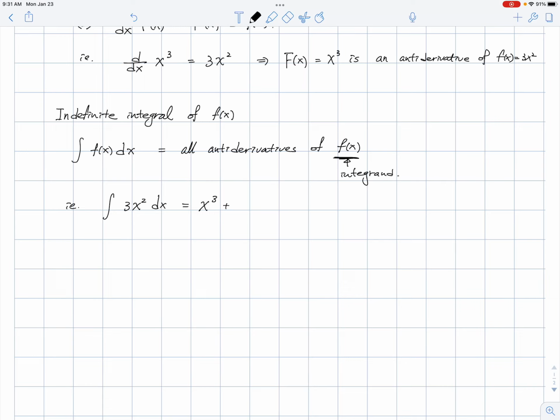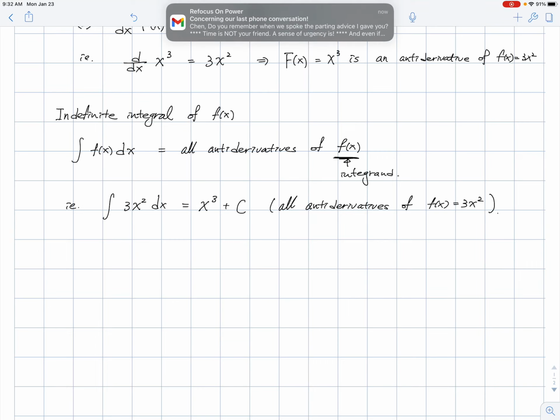But if we add any constant, because the derivative of a constant is always equal to 0, we know that x cubed plus any constant is an antiderivative of 3x squared. All right? So this is all antiderivatives of 3x squared. Okay?